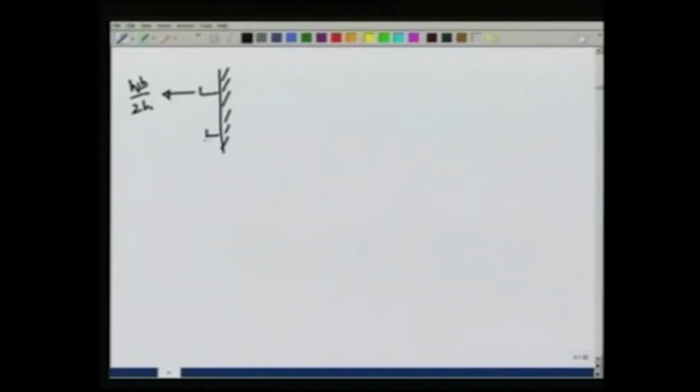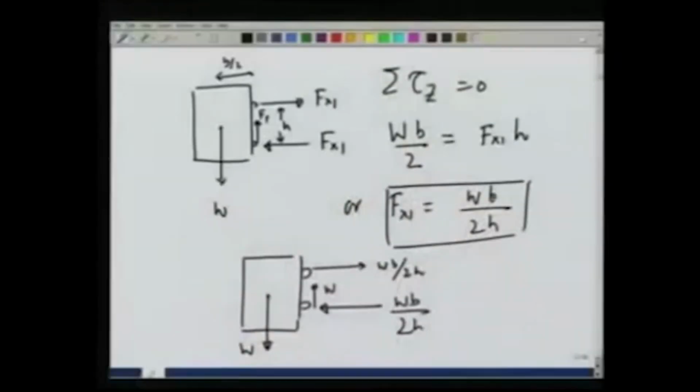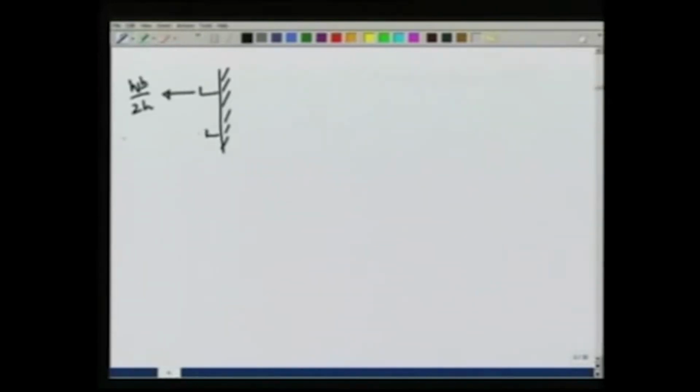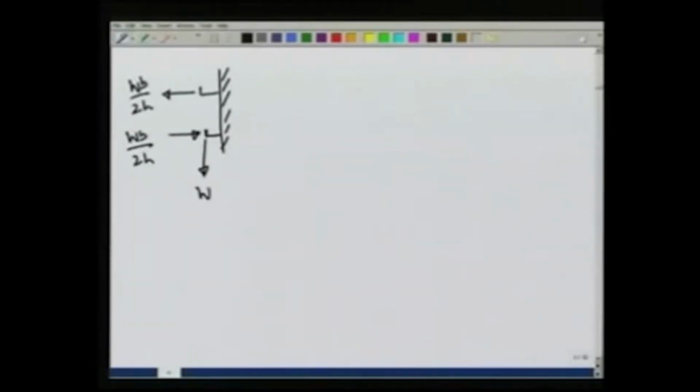Similarly, on the lower support, the gate is being pushed this way. So, therefore, there will be a force pushing the support in with a force W B over 2 H. On the lower support, there are more forces. The lower support is providing a vertical force W to the gate, and therefore, there must be a force W pulling it down.